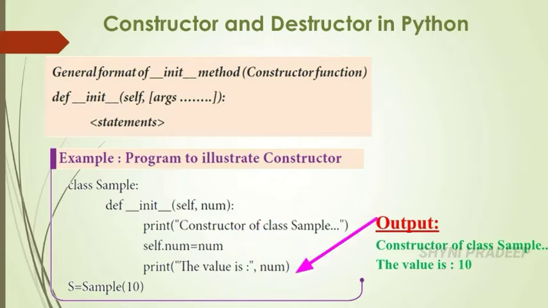So print the value of num. s is the object and is equal to sample, the class name, and within the parenthesis one value is given for the num argument. So num is equal to 10. See the output: constructor of class sample, and print the value is 10. Num is 10. This is the output.